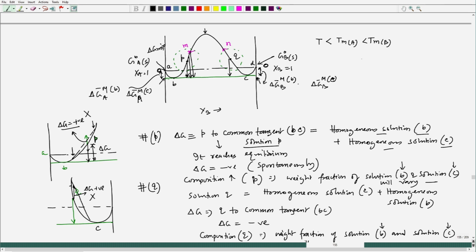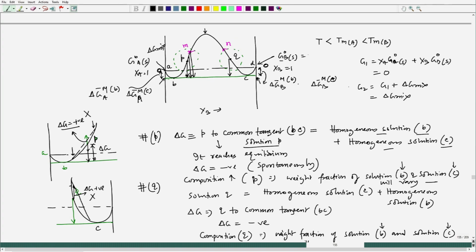So, G1 equals X_A G_A naught solid plus X_B G_B naught solid. So, it should be 0. Then G2 is nothing but G1 plus delta G mix, which is nothing but delta G mix.